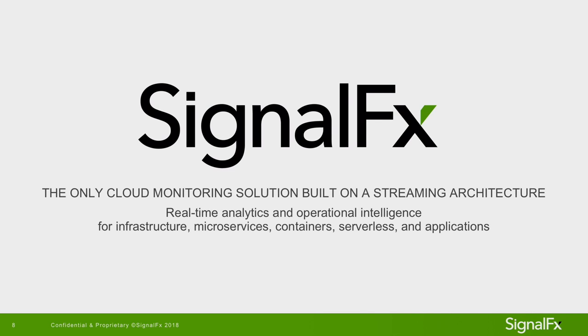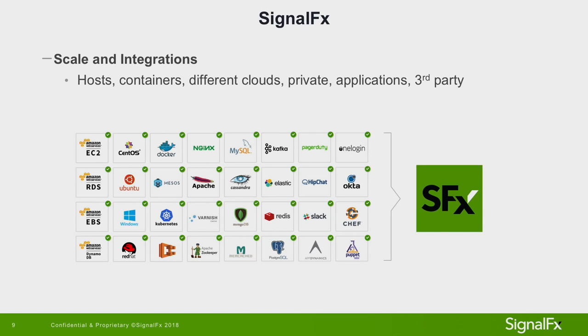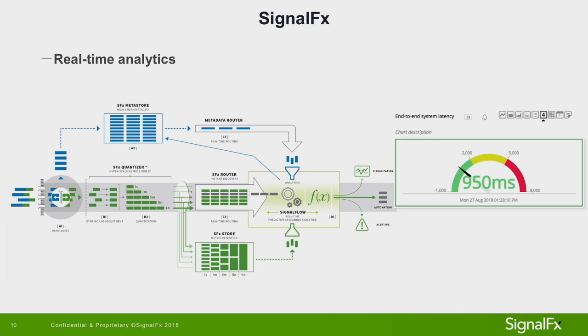So what is SignalFx? SignalFx is a metrics-based SaaS. We provide cloud monitoring and operational intelligence. There are a few things that are special or different about us. One is scale and integration. So we are very broad. We can monitor lots of your different clouds, containers, applications, infrastructure, what have you. We're also very scalable. We're able to handle a lot of data volume, as is the case in modern environments. We do real-time analytics.